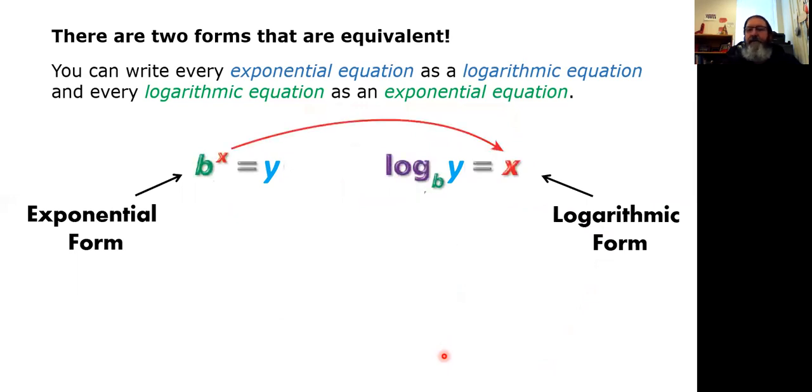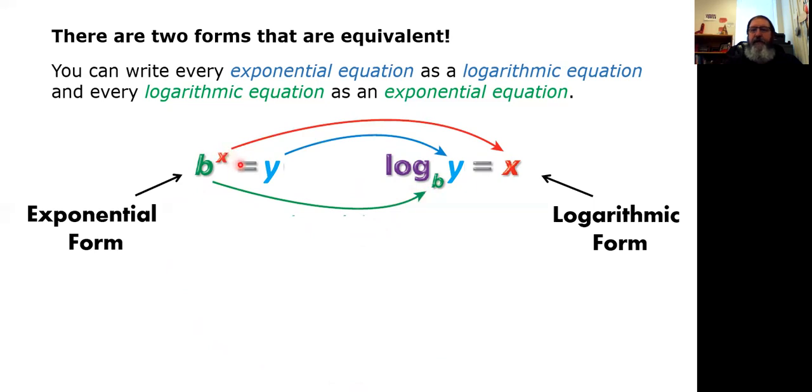They are literally the same value. So the x in the exponential form is the x in the log form, the y in the exponential form is the y in the log form, and the b in the exponential form is the b in the log form. So the base here is still the base here.